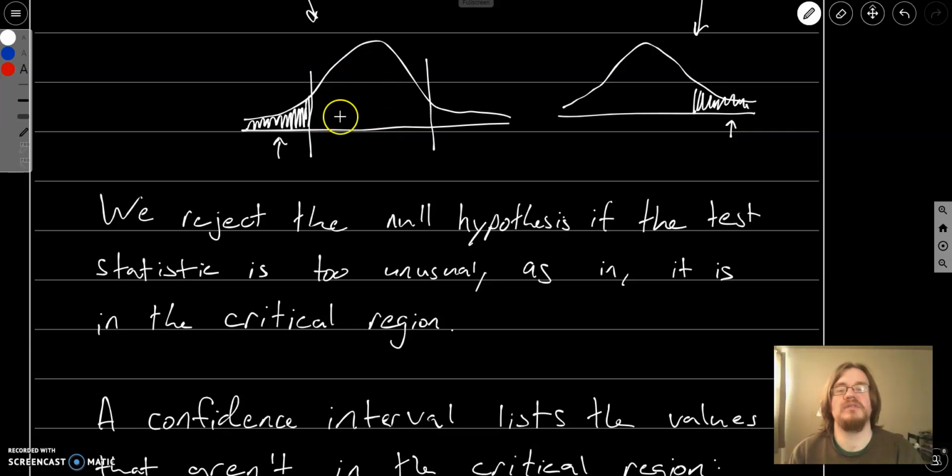So if our sample lies in this area, okay, things seem reasonable, and we can't really deduce very much. Our assumptions seemed sound.